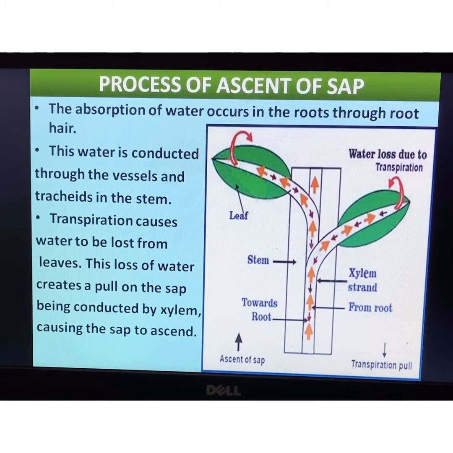As you keep sucking up, there is a gap created down in the straw, and that is replaced by more liquid being drawn up the straw. Correct? Did you understand? You must have done it 1,000 times so far when you're drinking water from a water bottle. If there is a straw, or you're drinking juice, or some cold drink or something like that, so what do you do? You suck in, right?